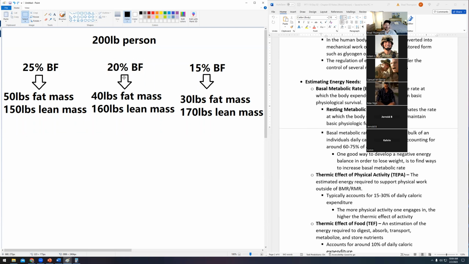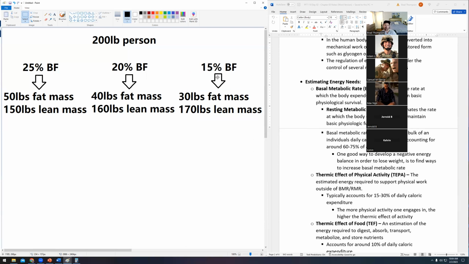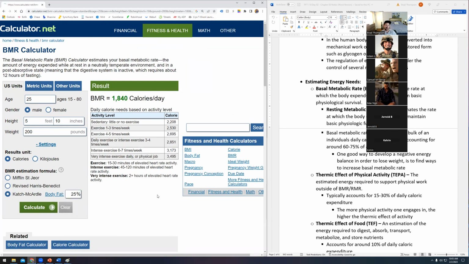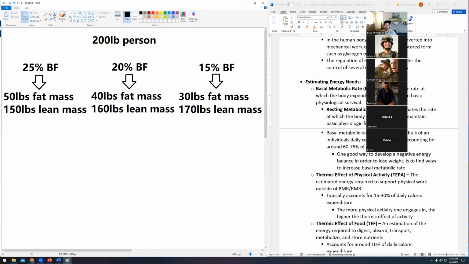So look at these different scenarios here. These basal metabolic rates are going to be very different each time. They are going to actually consume more calories naturally. It's going to be easier for them to actually maintain their body fat. And let's take a look at what those numbers actually turn out to be. So we've got 200 at 25%. That's a BMR of 1840.